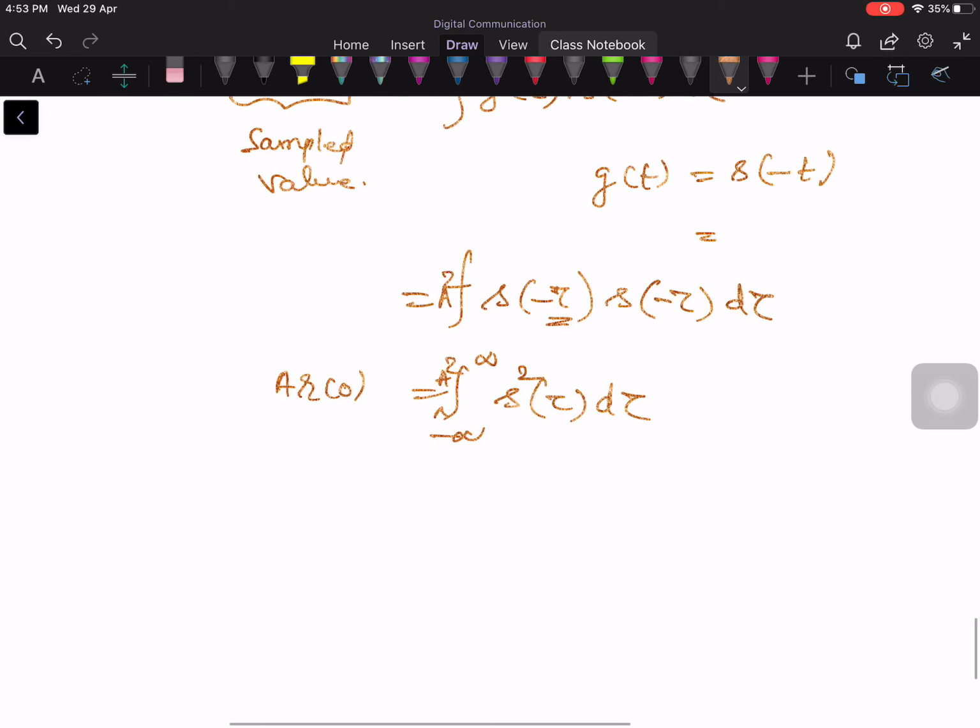Therefore the output power is equal to A times r(0). Take magnitude on both sides.